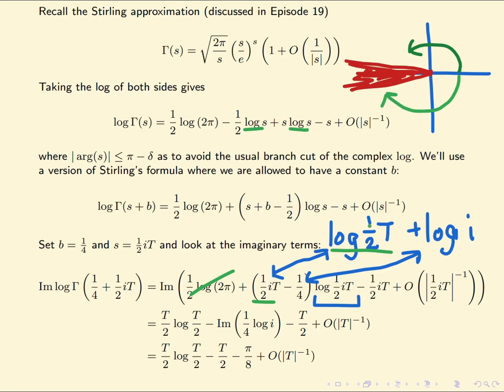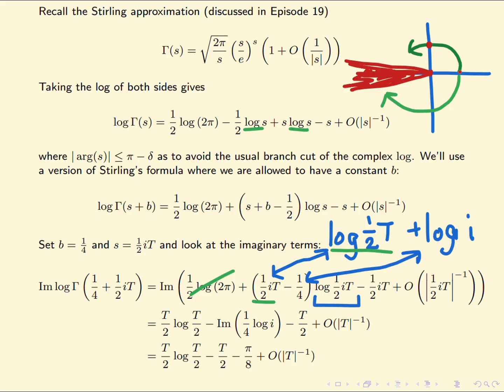And if you think about what's going on here, what's the log of i? Let's say this is the point i over here, and let's say the green is going along the unit circle. Then the real part of the log is going to be 0 because it's exactly on the unit circle.